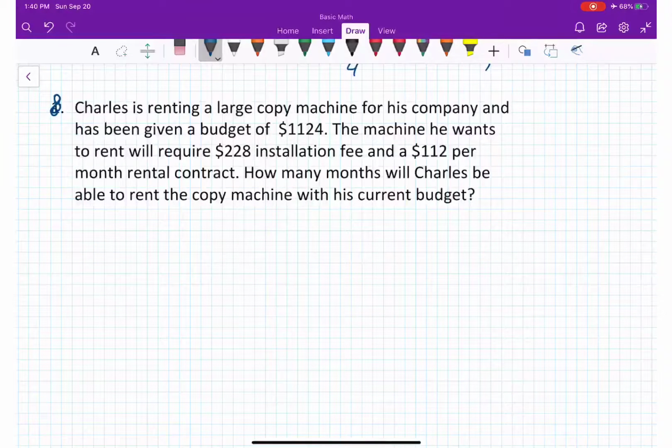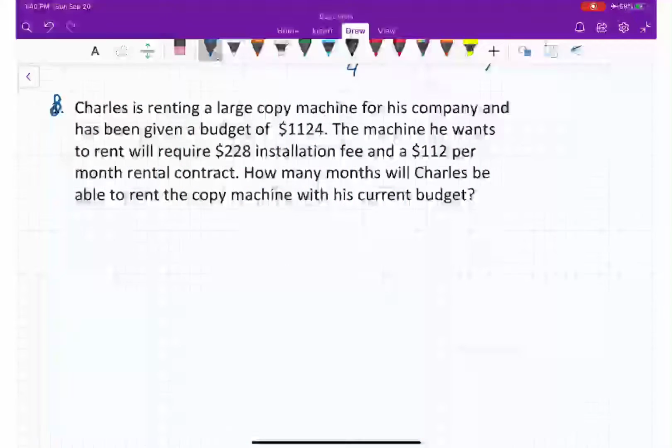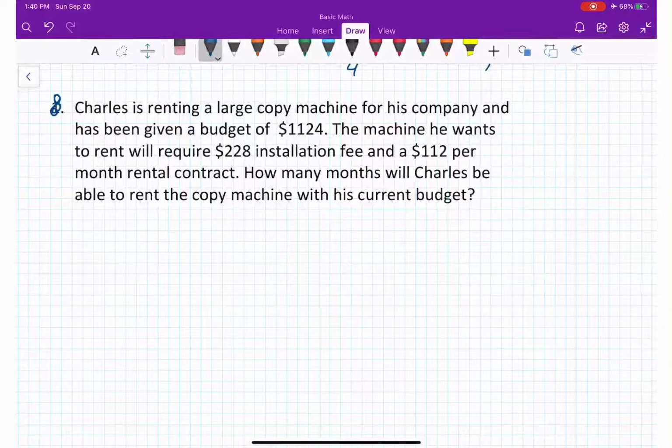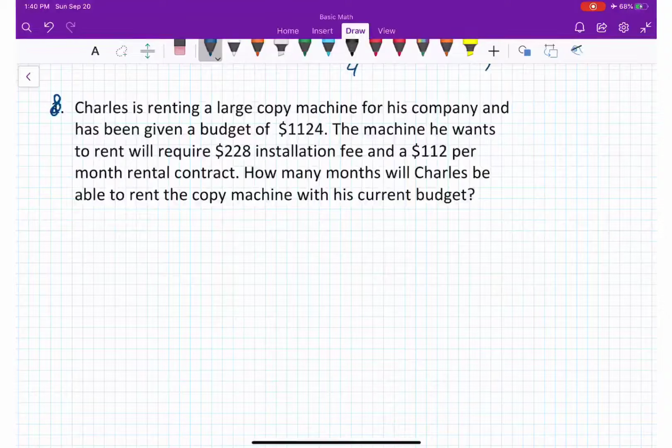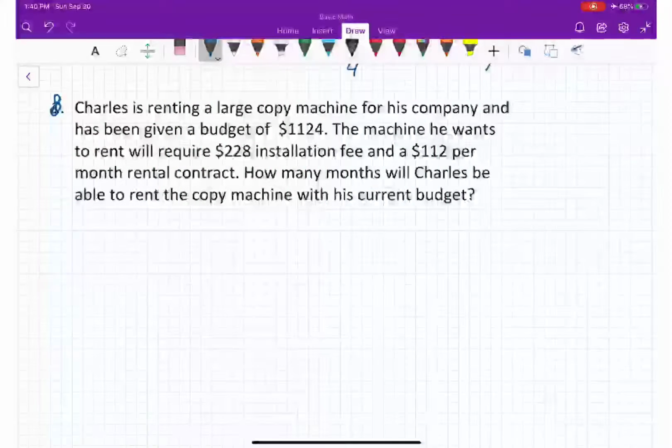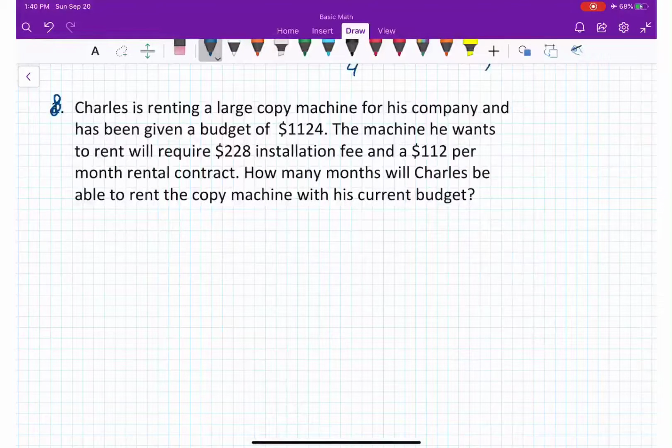Okay, and the last question. Charles is renting a large copy machine for his company and has been given a budget of $1,124. The machine he wants to rent will require a $228 installation fee and a $112 per month rental contract. How many months will Charles be able to rent the copy machine with his current budget?